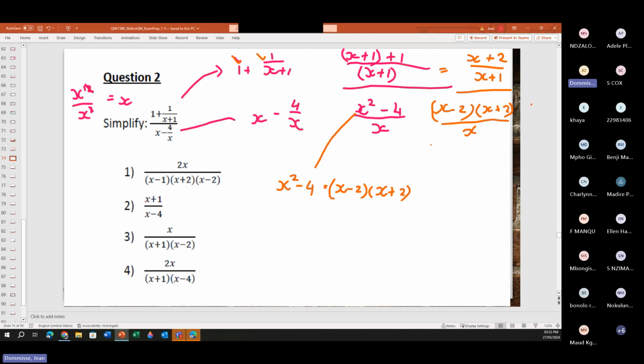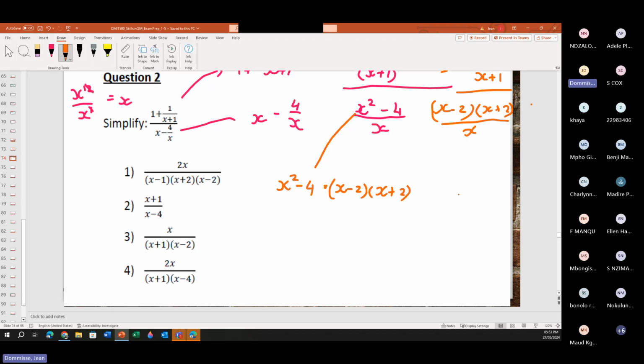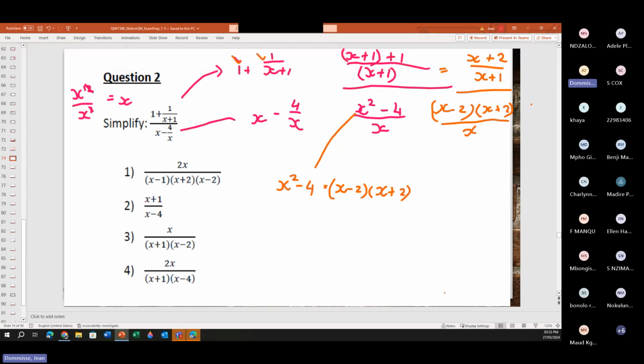So, okay, still not really what we wanted, but that at least is a bit simpler. Okay, so what do we do now?